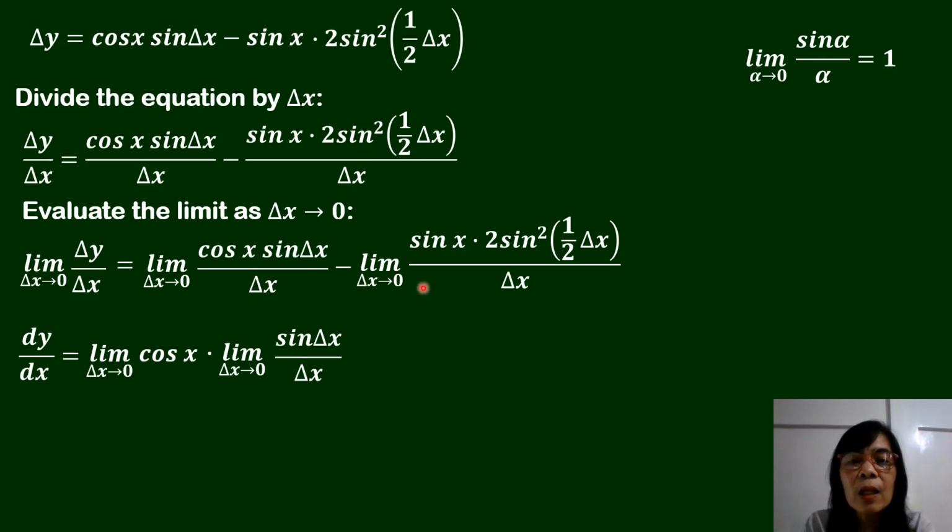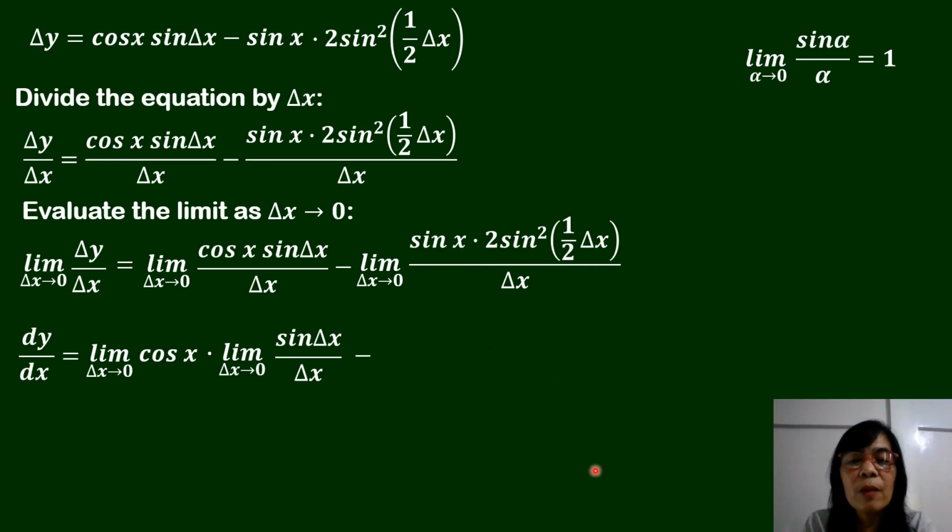Similarly, in the second term, we can separate in here the factors. Take note that the angle of sine in here is 1 half delta x. So we must also have a factor in the denominator equal to 1 half delta x. So we can just write these two as the denominator of this delta x.